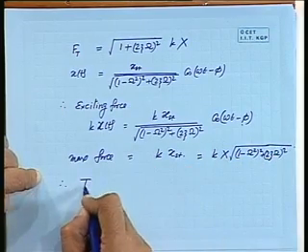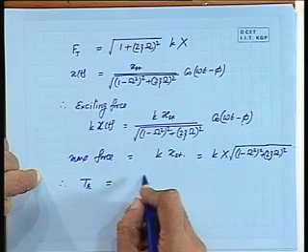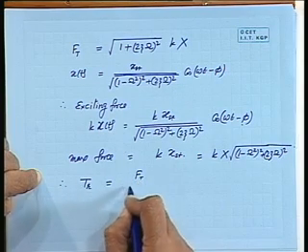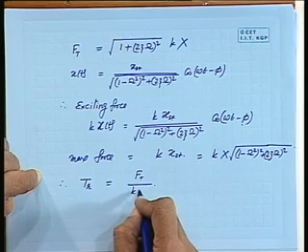So, transmission ratio TR is given as f of t divided by k xst.